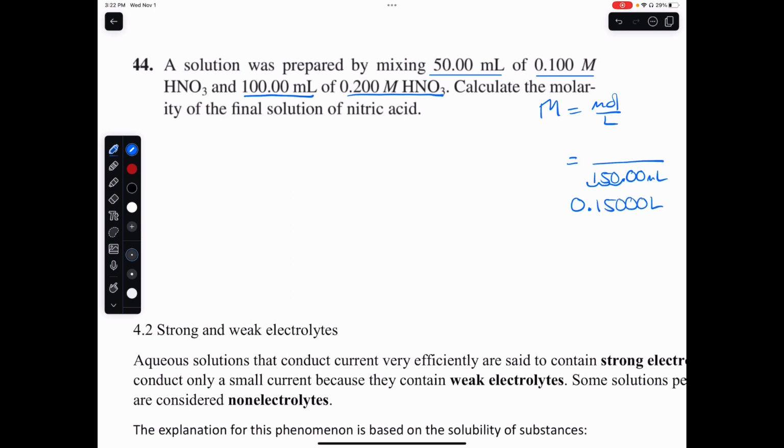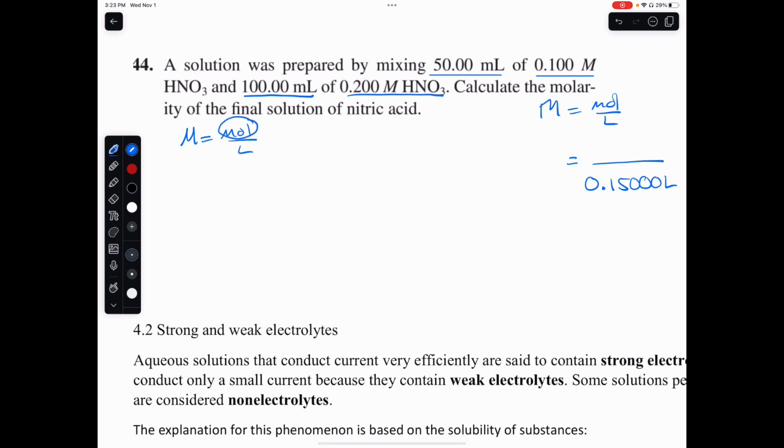0.15000 liters. So I do know the volume of the final solution. Do I know how many moles are in the final solution? I will have to find out how many moles is coming from each of the original solutions. So how can I use the given numbers to find that moles? Every time I'm relying on this idea that molarity is moles per liter.